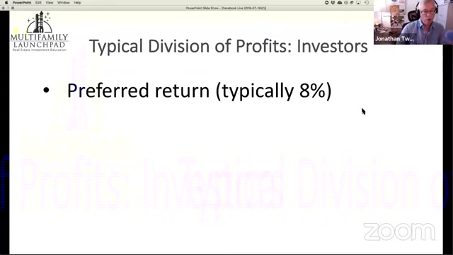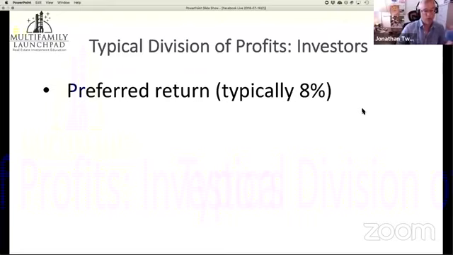And there are basically two kinds of preferred returns. There is a cumulative preferred return and a non-cumulative preferred return. And the difference between the two of those is with a cumulative preferred return, you have to be at that preferred return average over the life of the deal to participate.